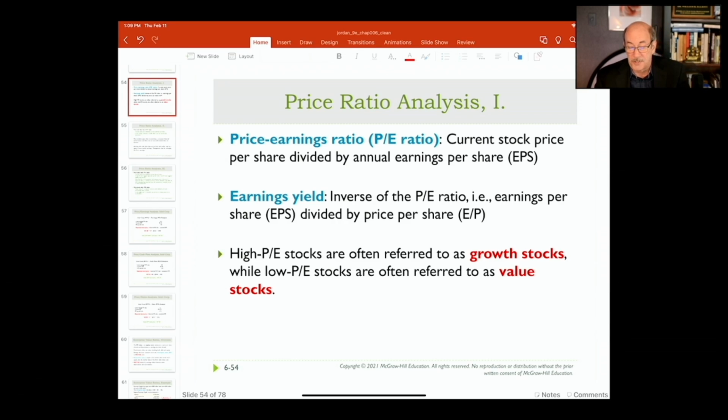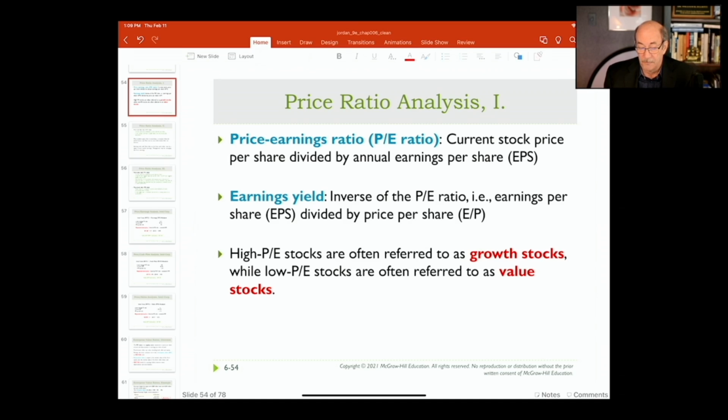So price to earnings, as he said, thank goodness, is the most widely used ratio and is a consistent ratio. The numerator is the price per share of equity, and the denominator is the earnings per share, which is the earnings that accrue to the equity stakeholders. The inverse of that, of course, is earnings yield.